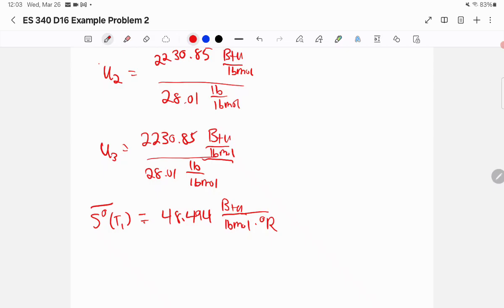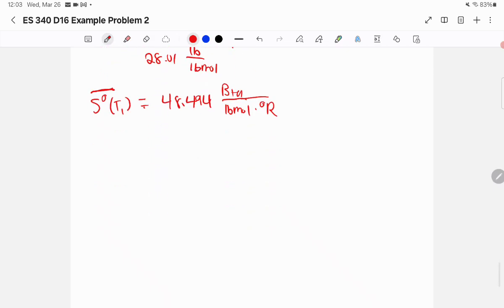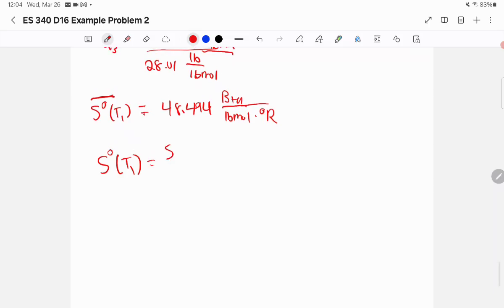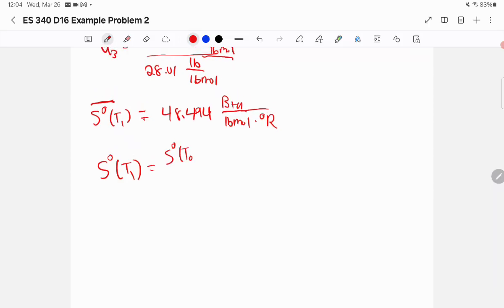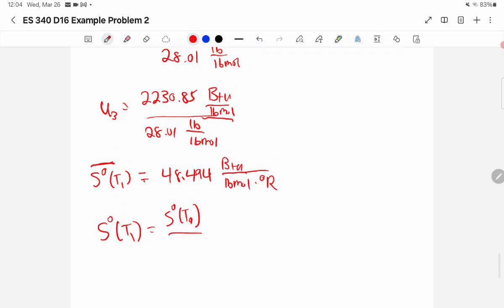And obviously then we don't want the bar quantity, we want it without the bar. I know it's annoying that we have to do this, but it is going to be equal to S circle of T1 over capital M, so that's going to be equal to 48.494 BTU per pound mole times degree Rankine divided by 28.01 pound per pound mole.